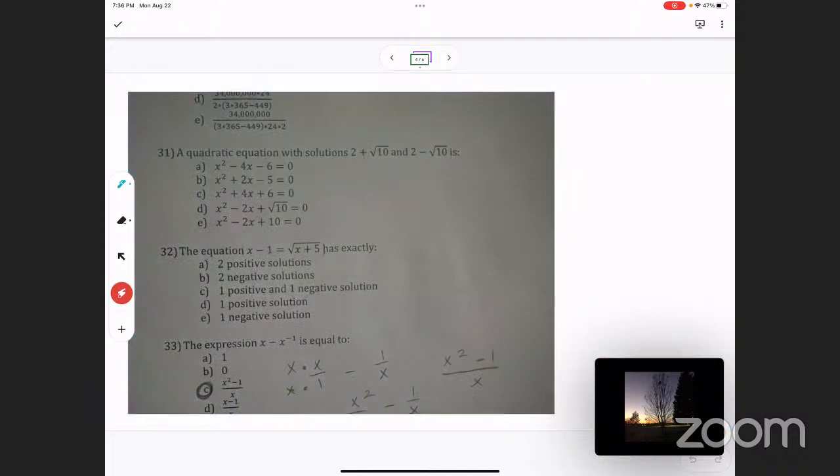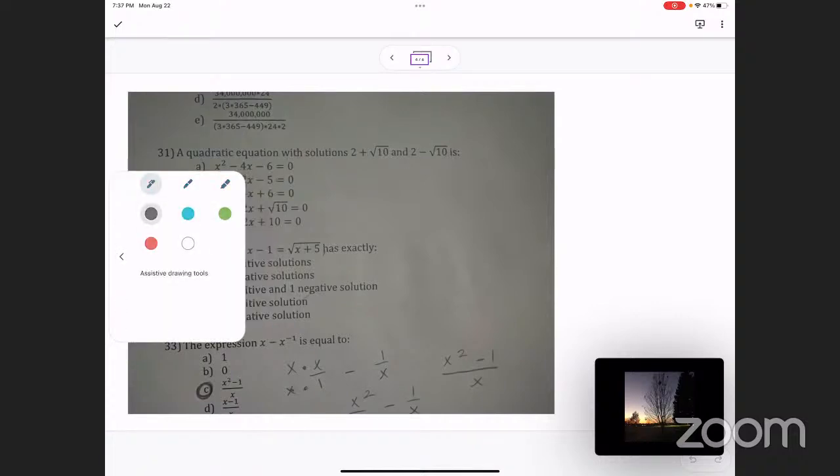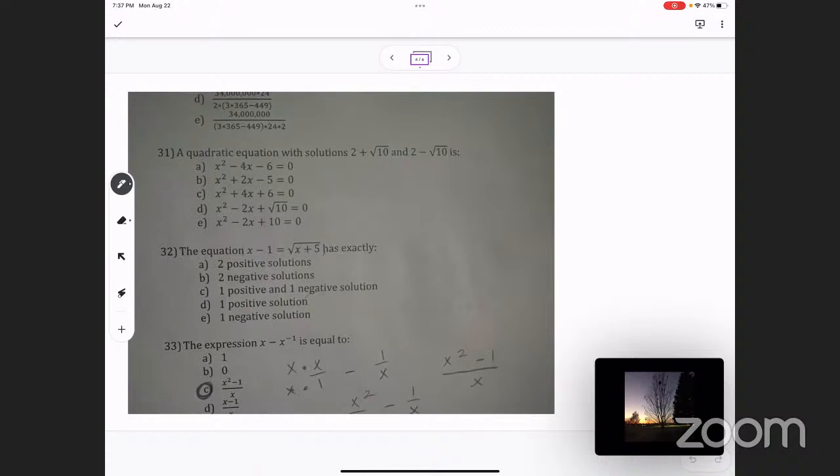All right, for 31, I'm going to show you a little trick. They don't teach you this in class a lot of times, but if you're given 2 zeros and you want to find the equation, here's how you do it.